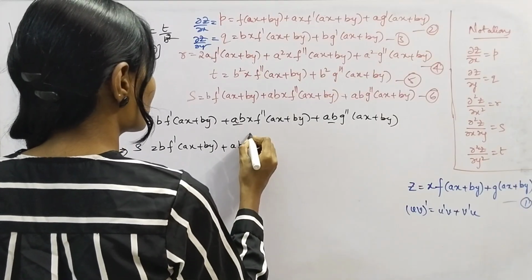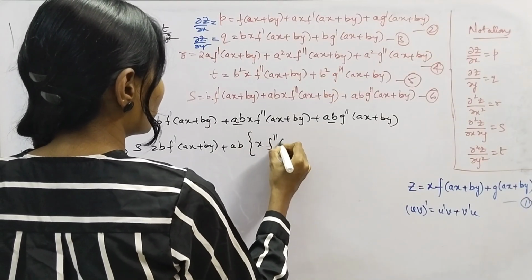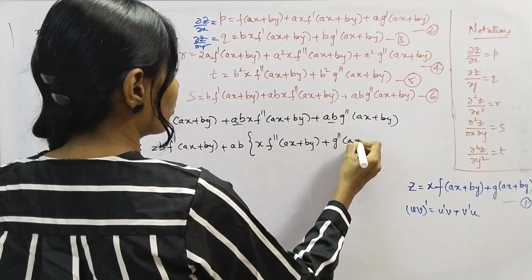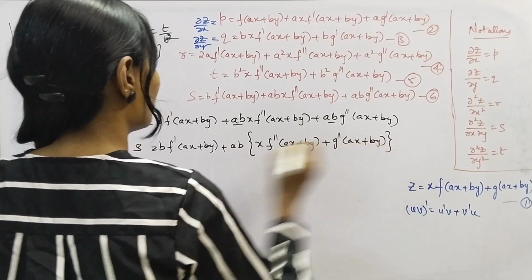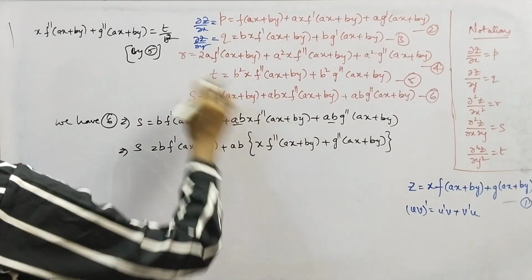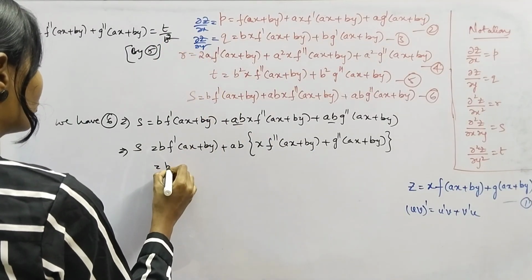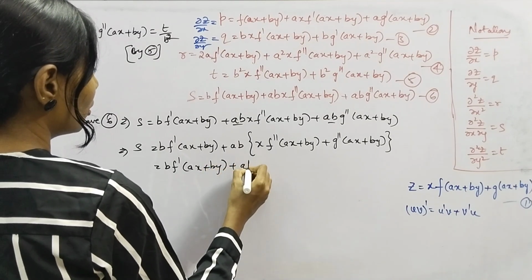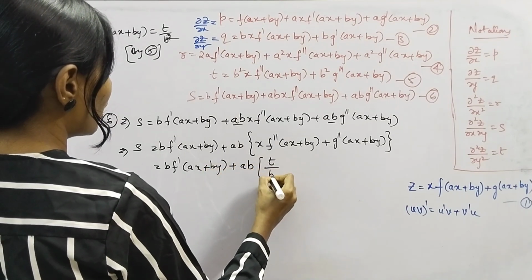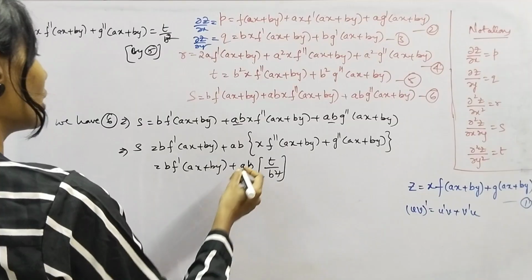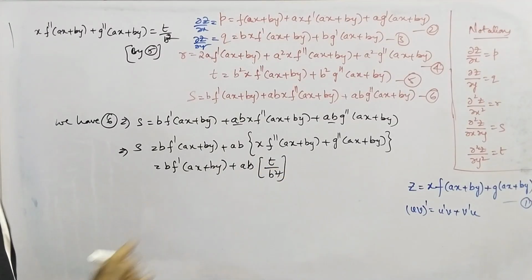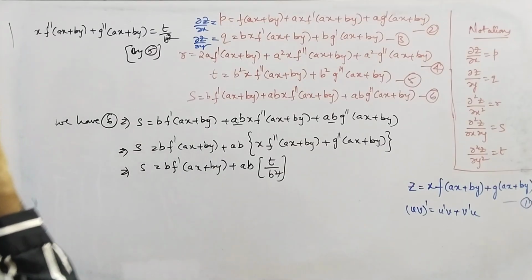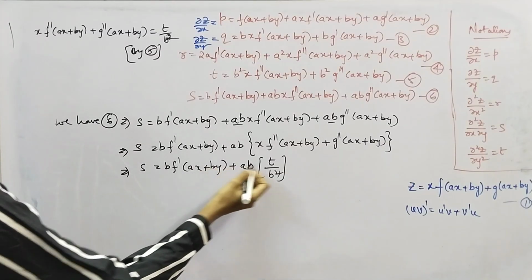We'll get ab times x into f double dash of ax plus by plus g double dash of ax plus by. Good. We know the value of it, right? Which is t by b square. Just apply it. Substitute the value of it. ab into t by b square, where one b gets cancelled and you'll get a by b into t. Fine. Now we have s equal to b into f dash of ax plus by plus at by b.